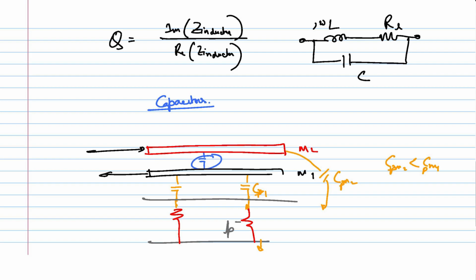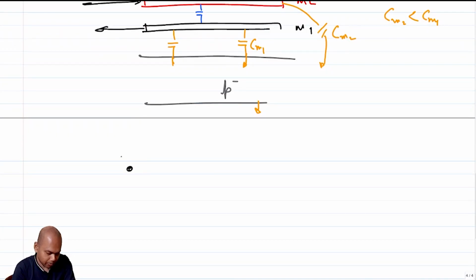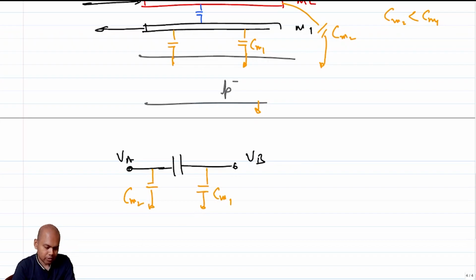So you wanted a capacitor between two nodes. Let me call this VA, VB, right? So now what you end up getting is also capacitors to ground, CM2, CM1, correct? This might not be a problem if you are looking for a grounded capacitor, right?